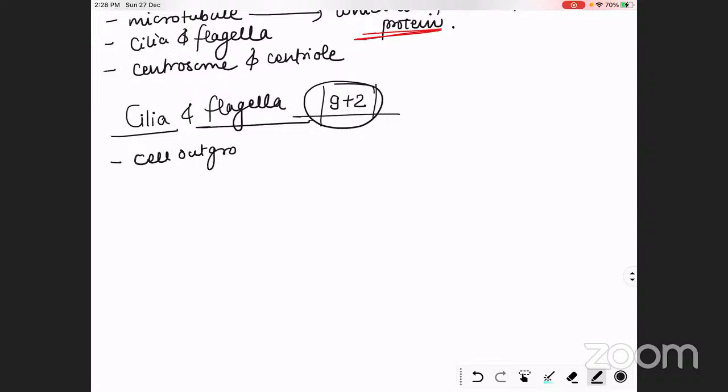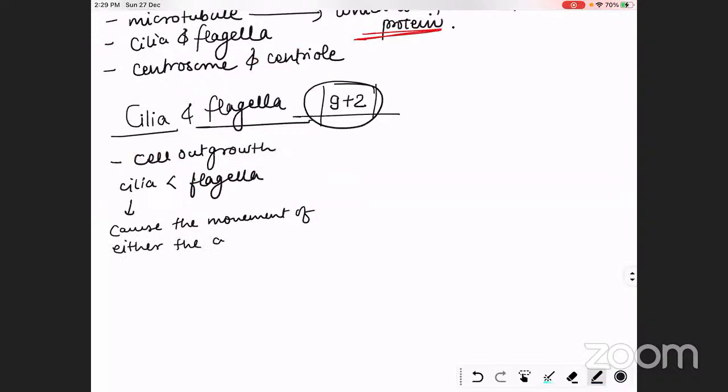Cilia are smaller than the flagella size wise, and cilia have the function of causing the movement of either the cell or the surrounding fluid.